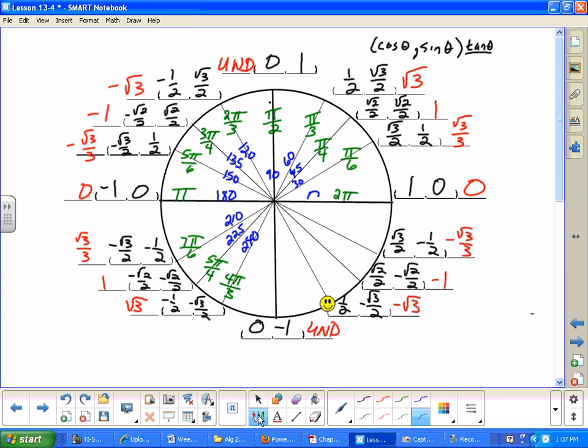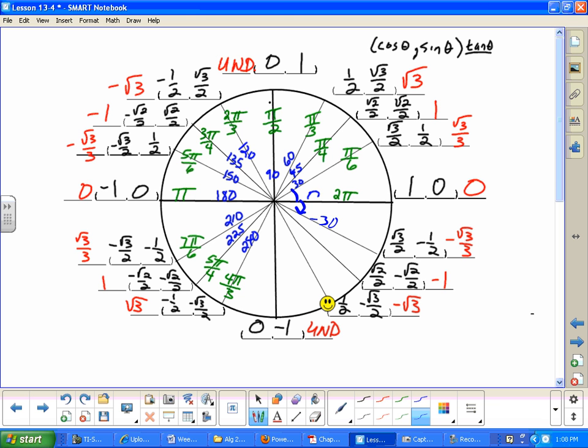If you remember when we talked about drawing angles, positive and negative angles, negative angles mean we go clockwise around the circle. If I go clockwise, this angle here and this angle here have the same reference angle, correct? They're both 30 degrees, but going clockwise this is now negative 30.